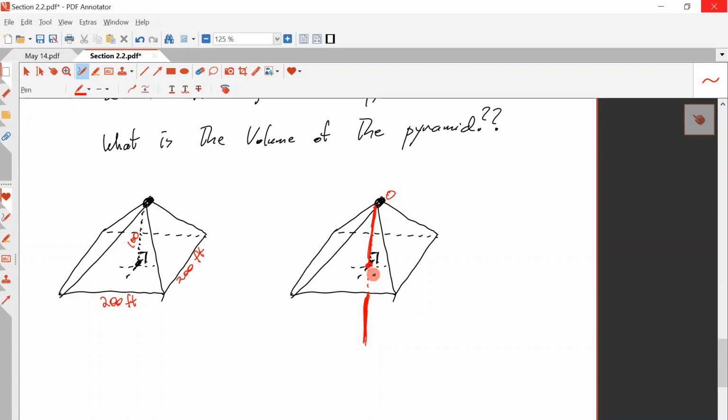Now I'm going to make this point 100. And then it goes on from there. All right, this is 0, this is 100, and then here is some value x. And now I'm going to slice this perpendicular to that. So what kind of slice do I get? Well, it's going to be another square, yeah?